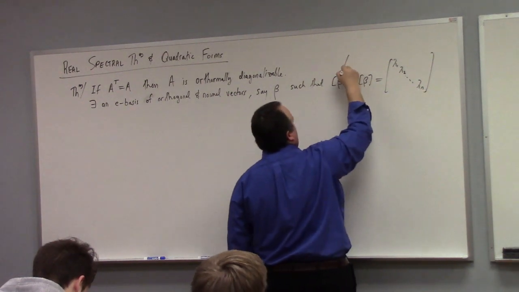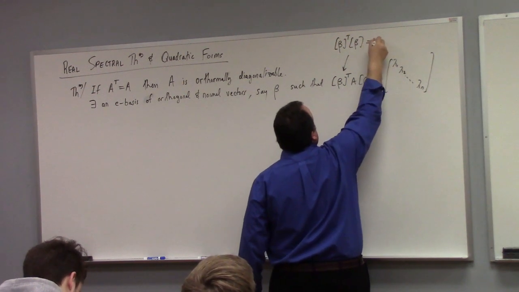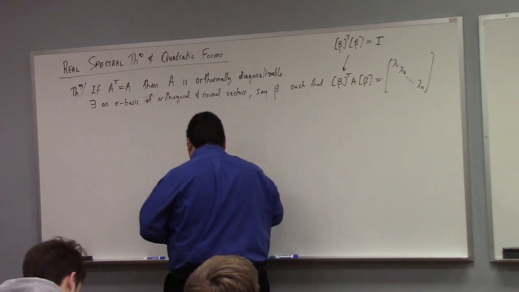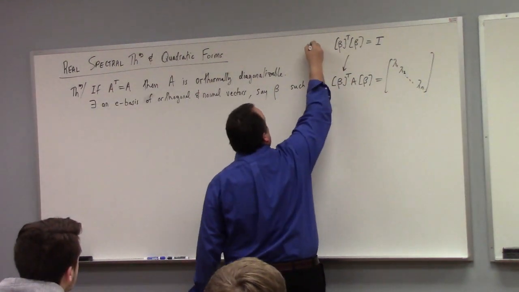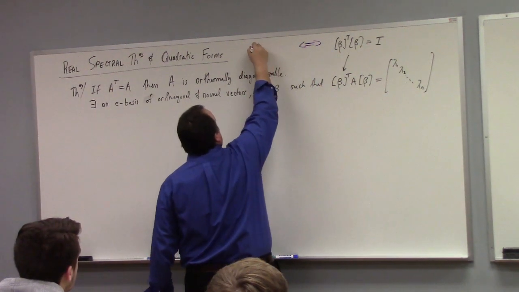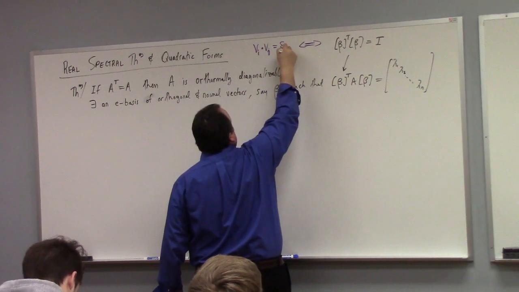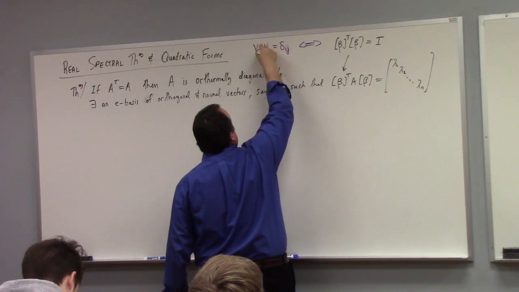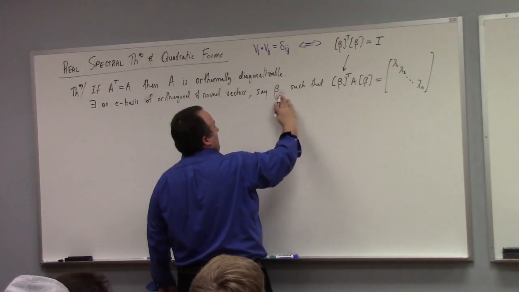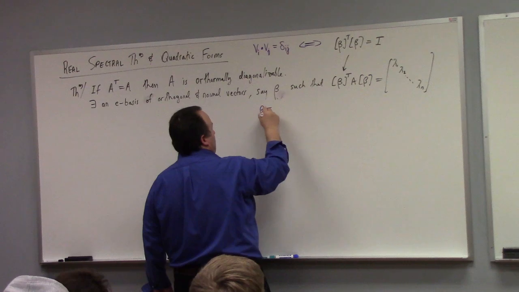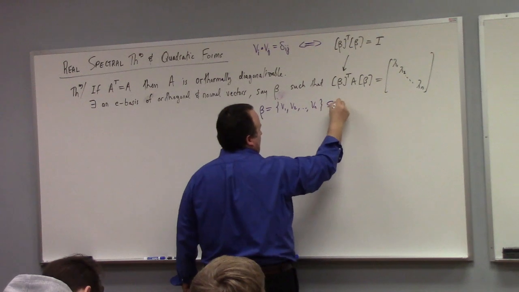Right? And here we have the condition that beta transpose beta is equal to the identity. That is exactly the matrix statement. This is totally interchangeable with the statement that vi dot vj is equal to the Kronecker delta ij, where beta is equal to v1, v2, through vn, a subset of Rn.